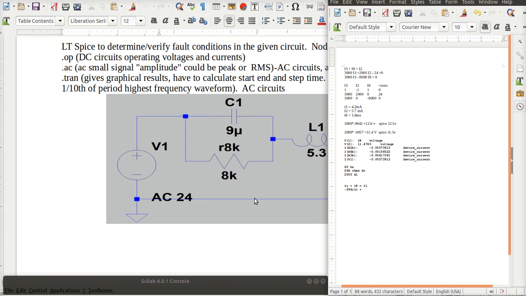Even though I'm going in the direction that I think the current's going, even though I'm looping around, the fact that this is a capacitor means I wind up with a negative sign.